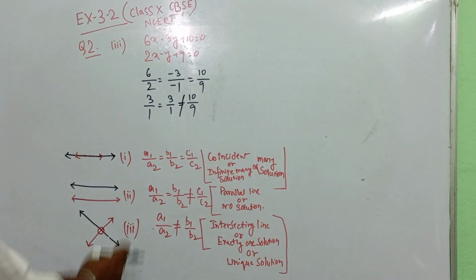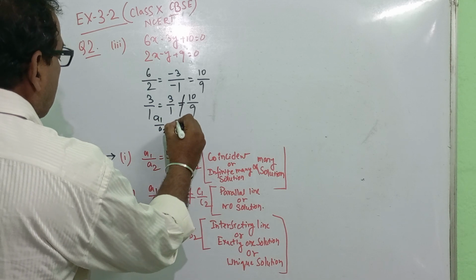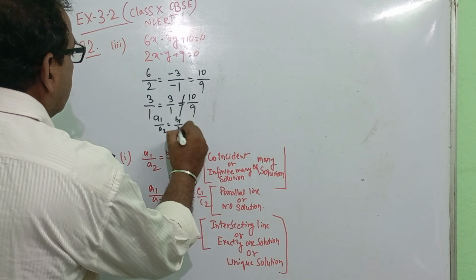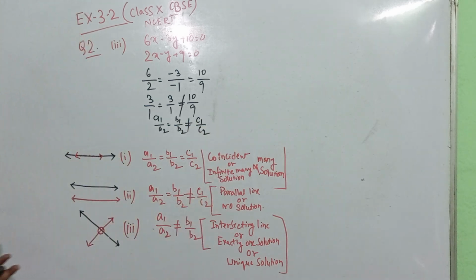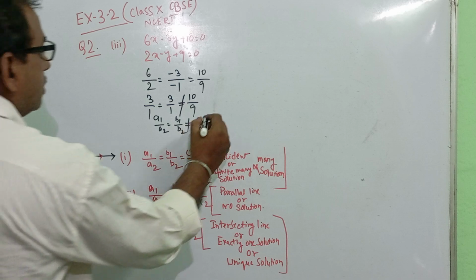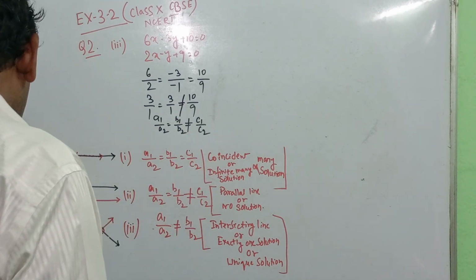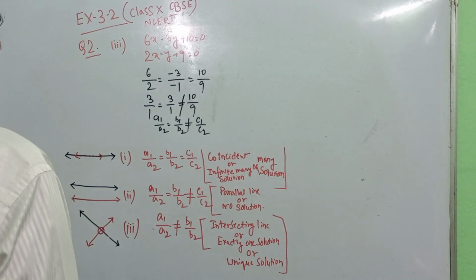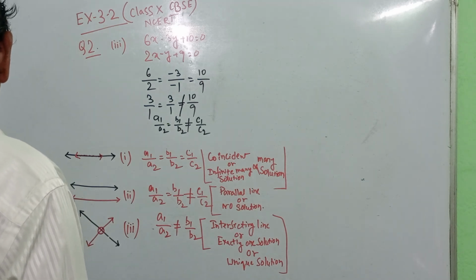So now a1 by a2 is equal to b1 by b2 is not equal to c1 by c2. Then what condition is that? Now this is condition number 2. This is what they have given: find whether the lines representing the following pair of linear equations intersect at a point.